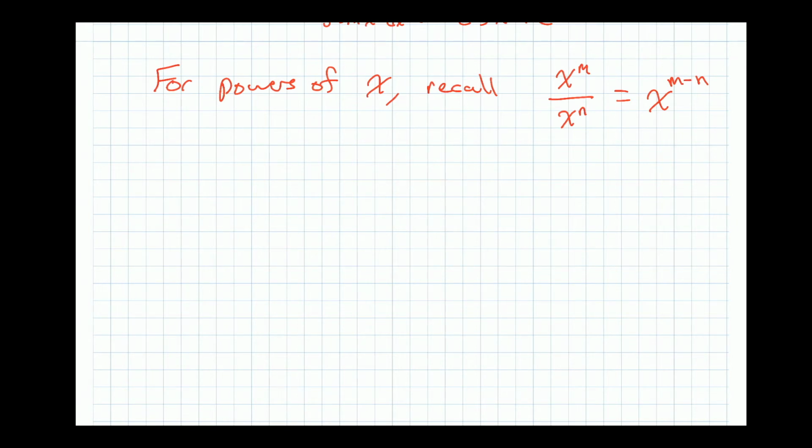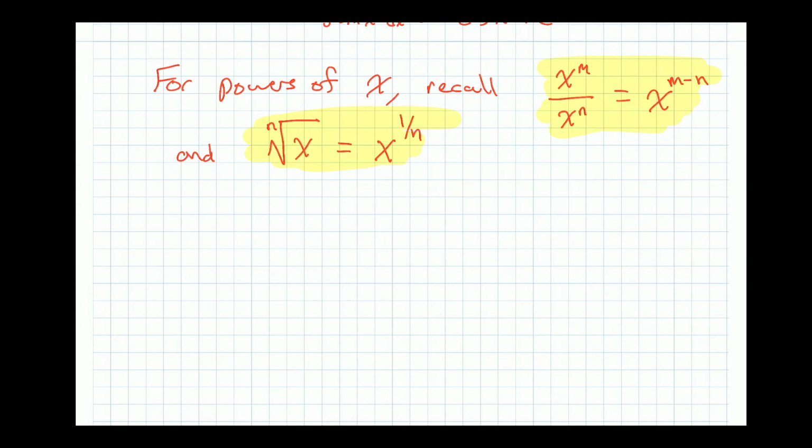Another thing you need is if you have an nth root of x, that is a 1 over n exponent. And if you know those two facts, you'll be in good shape.